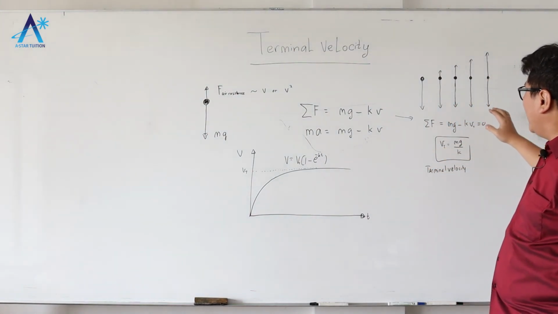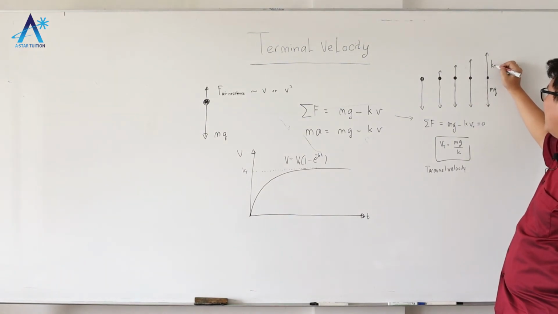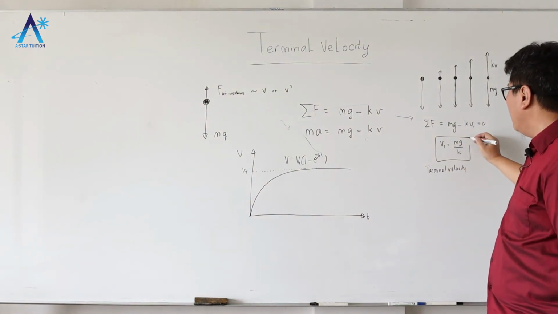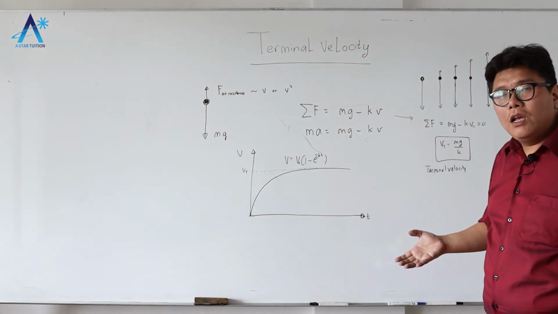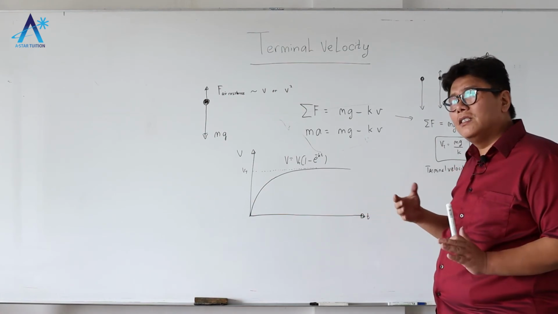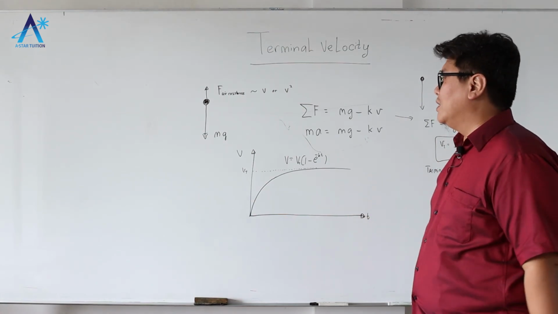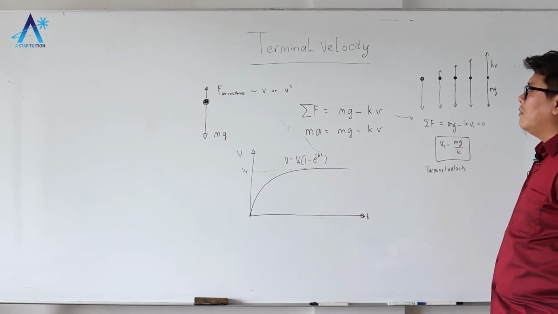So once mg, which is the downward force, is equal to kv, the resultant force equals 0, and when that happens, the acceleration is also 0. When the acceleration is 0, what does it mean? It means that the velocity doesn't increase any longer. So it will reach this value, which is called the terminal velocity.